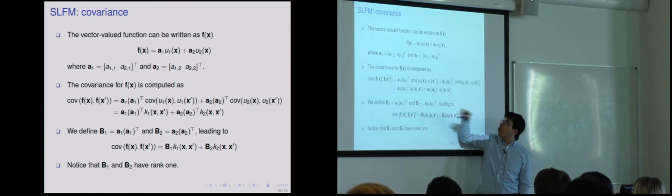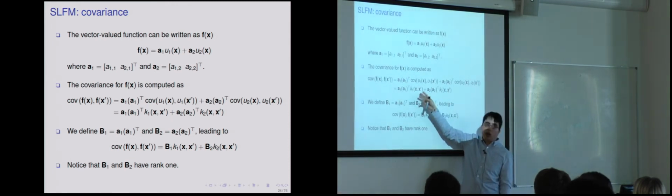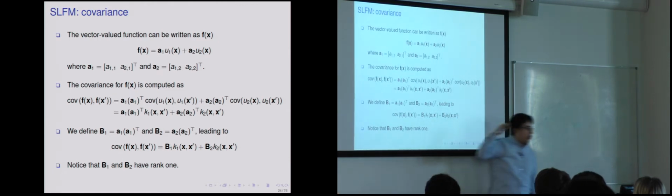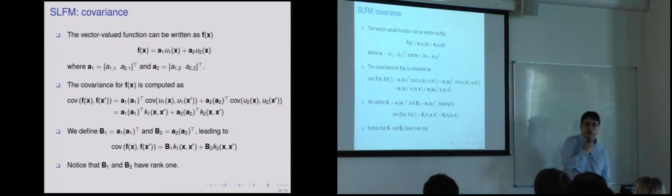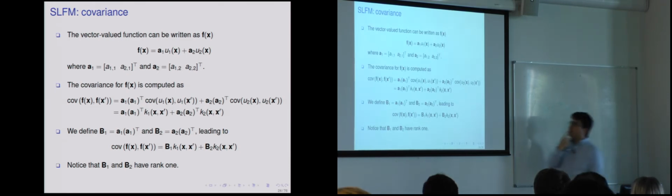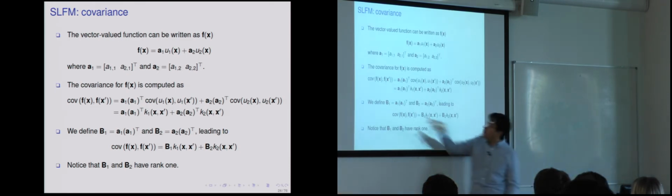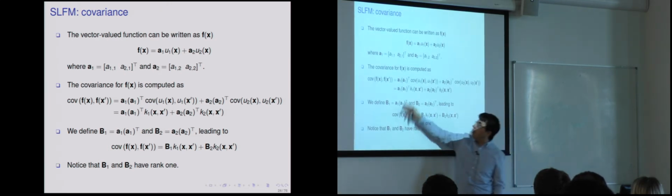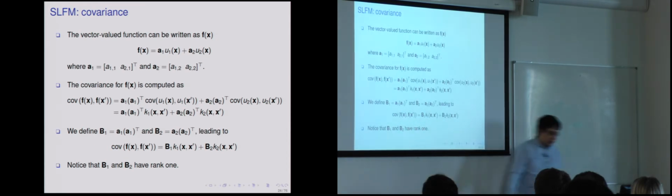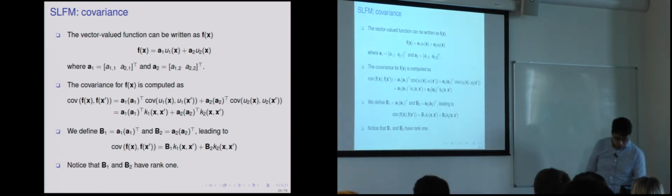So what we had before is that those two covariances were equal, so I could just factorize it, but here I can't do it because the covariances are different. Yeah? Is that clear? Okay. And then I can define again two matrices of rank 1 as these outer products, and then write the covariance of F as the sum of these two covariance functions.